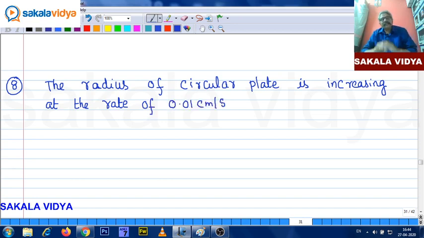That means the radius of the circular plate is increasing 0.01 centimeter per second.